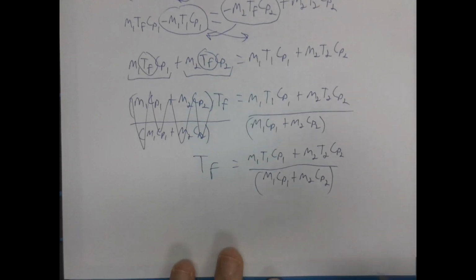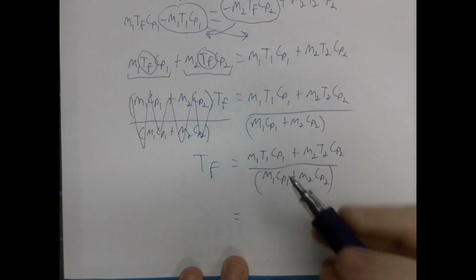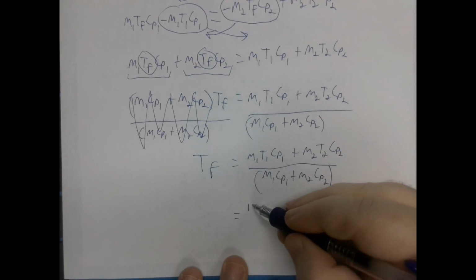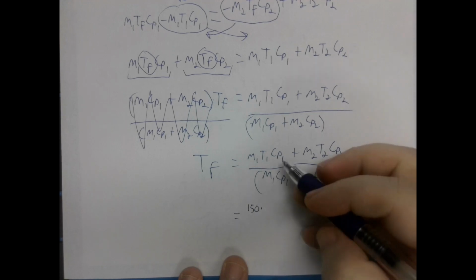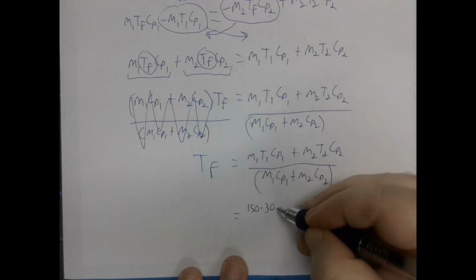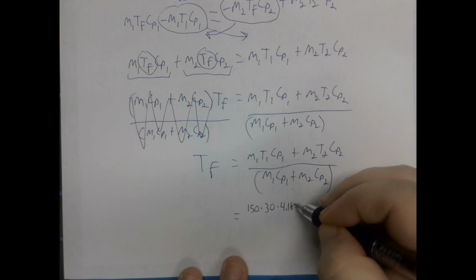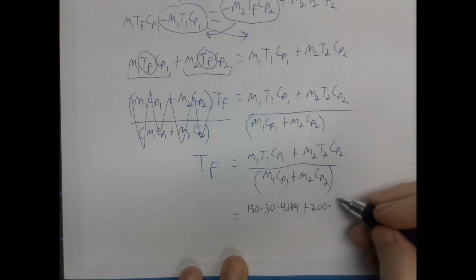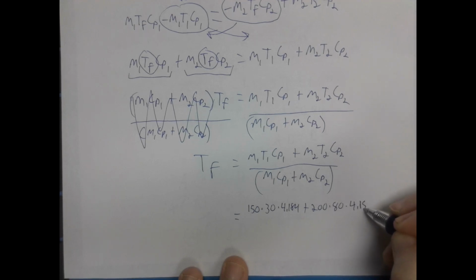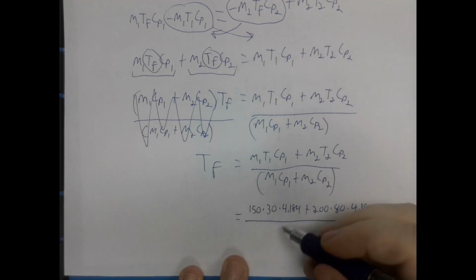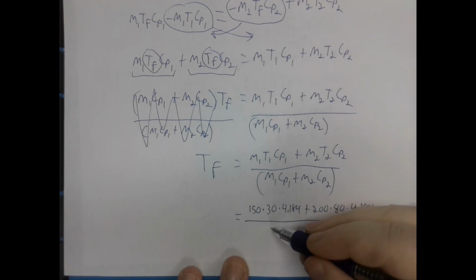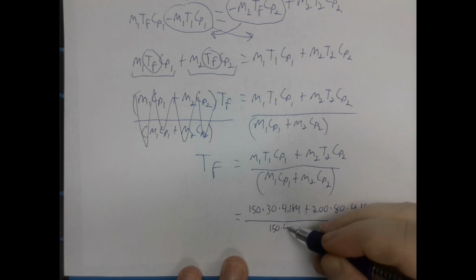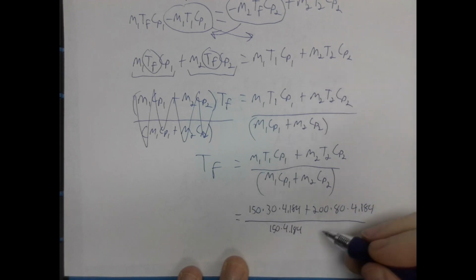So the mass M1 was equal to 150. The initial temperature of the first one was 30. Cp is 4.184, plus M2 was 200. Its temperature was 80. It also shares a 4.184. And then the mass M1 was 150 times 4.184.